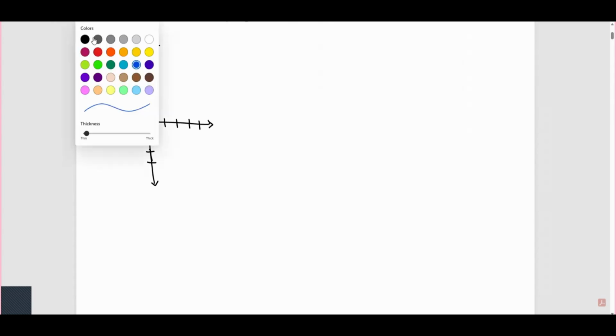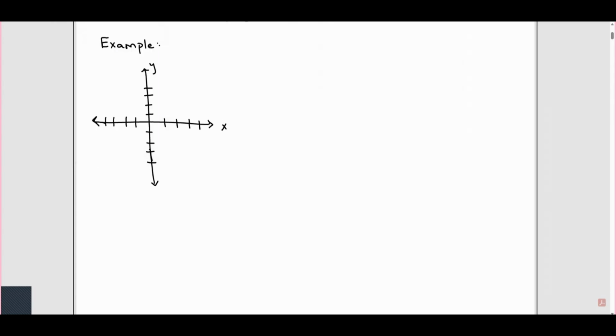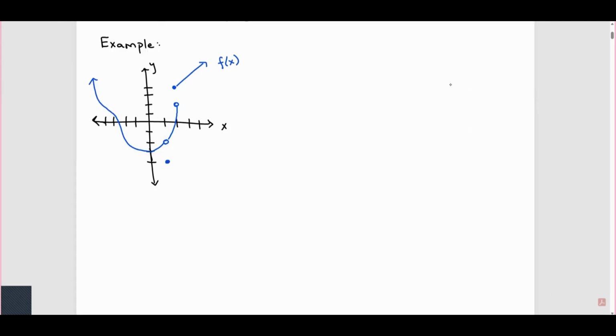Go ahead and assume for this xy axis that each tick mark represents 1 unit. Let's call this guy f of x. So this is the curve that we're going to be determining some of our limits from. And I forgot a point I wanted to put right here. Now let's go ahead and determine some limits based off this graph.